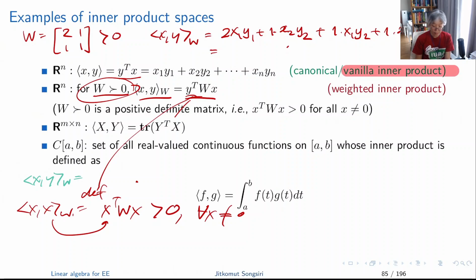And because W is positive definite, when this is zero, it is only the case that x is zero. Because what you have assumed is that W is positive definite, not just positive semi-definite. Okay.